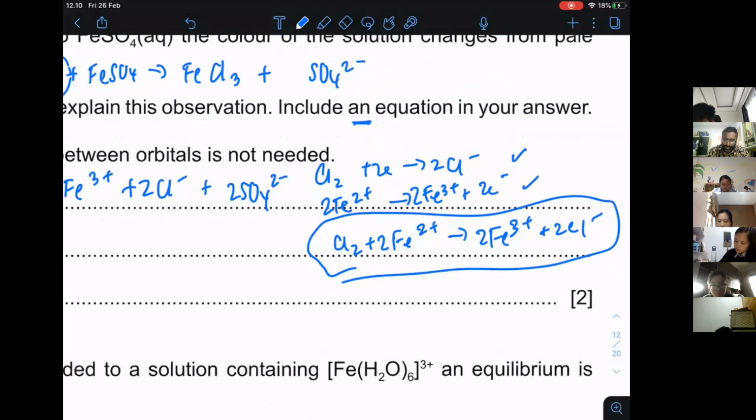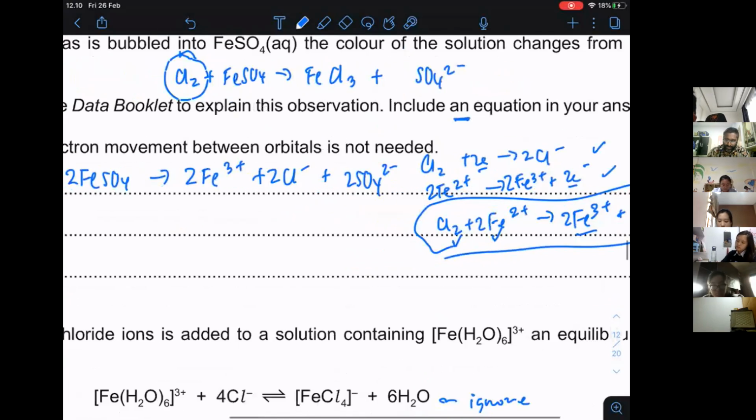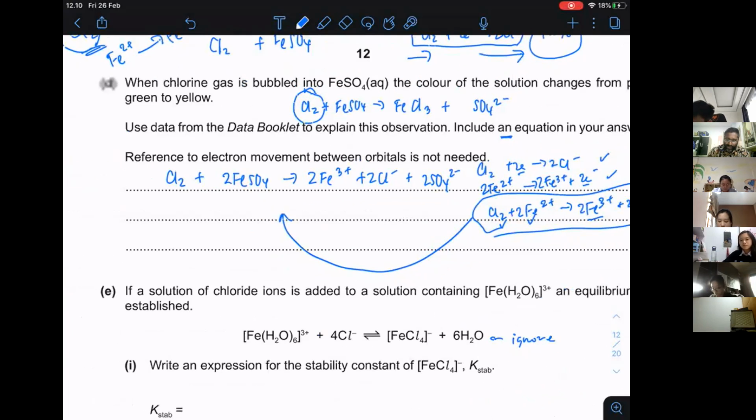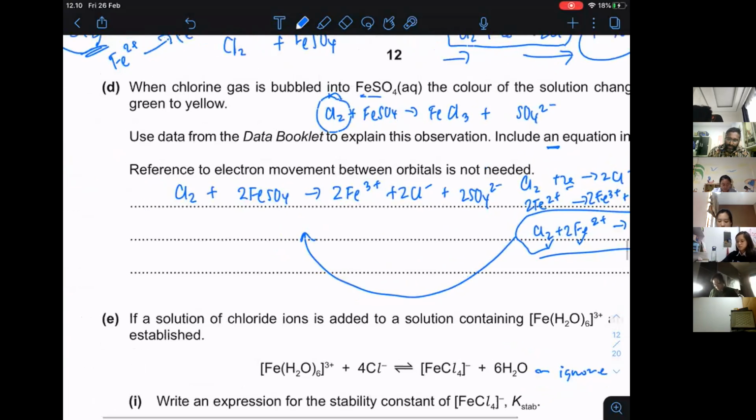And then I can join them together by writing Cl2 plus 2 Fe2 plus. Why? I want to eliminate the 2 electrons. So it will give you this and it will give you this. So done, this one is done. You can write the same thing over here. If you are wondering what happened to the SO4, SO4 is what we call a spectator ion.